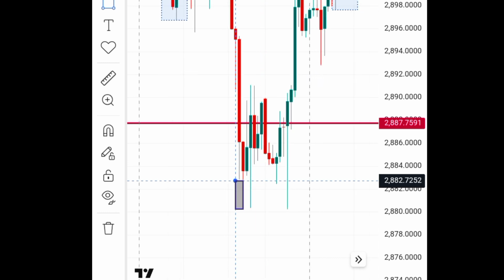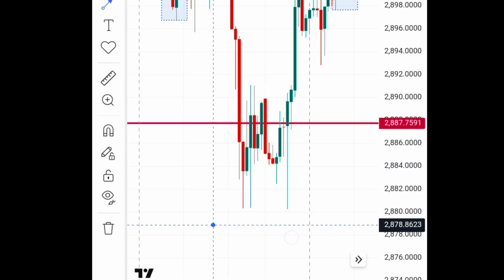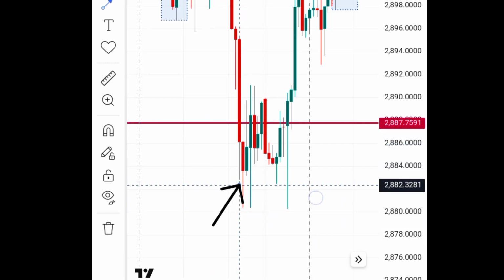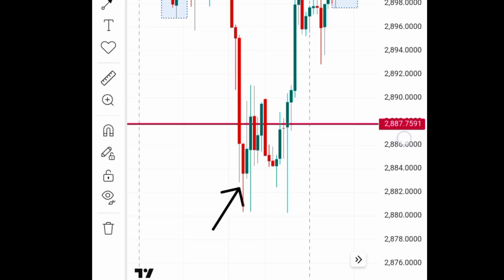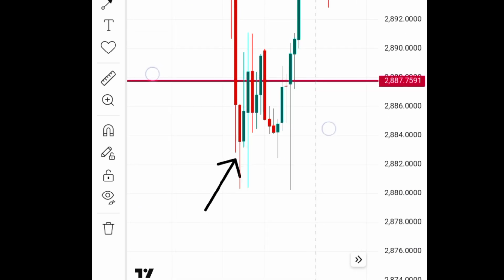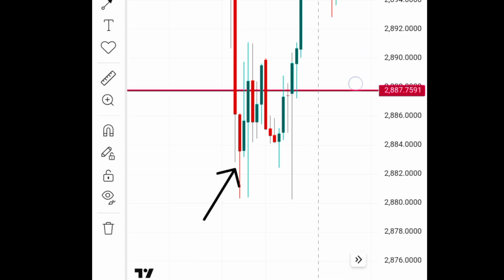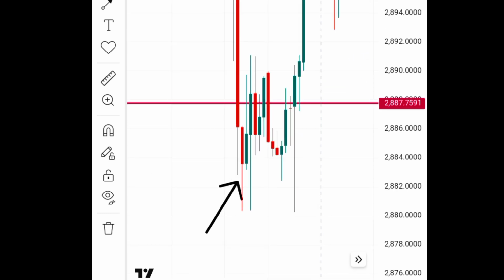The reason why I'm using 5 minutes is because I'm not using the TradingView paid version, so I'm trying to make sure we are able to have the data that we want. From our 5 minutes we also have to turn our chart to Heikin Ashi candle. This is me using the gold chart to trade this strategy.